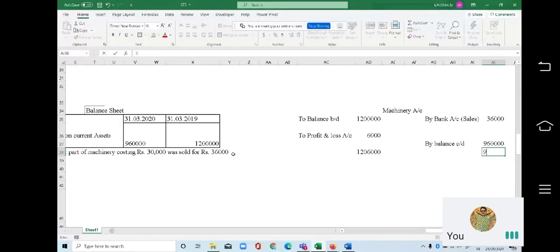9,96,000 rupees. Okay. Now find out the difference between these two values. That is 12 lakh and 6,000 minus 9,96,000. How much you'll get?